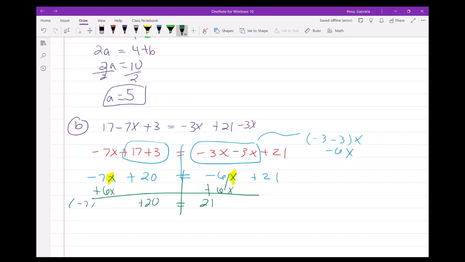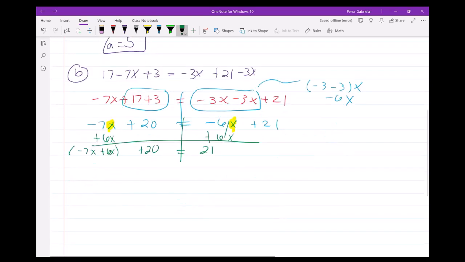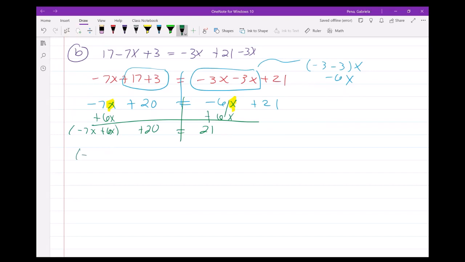I have a negative 7x plus 6x. So this is negative 7 plus 6, and negative 7 plus 6 is a negative 1x plus 20 equals 21. We still have a line going through that equal sign.